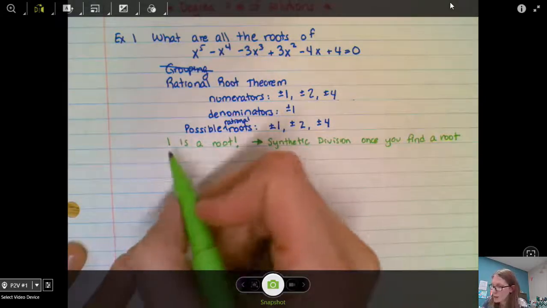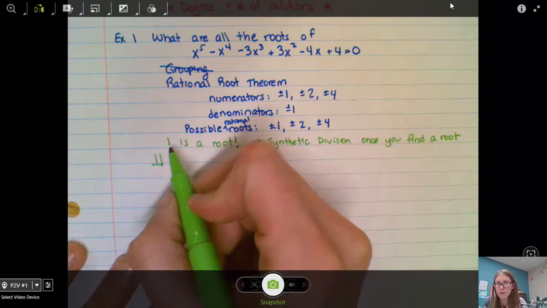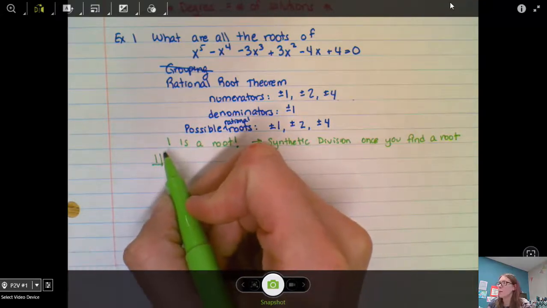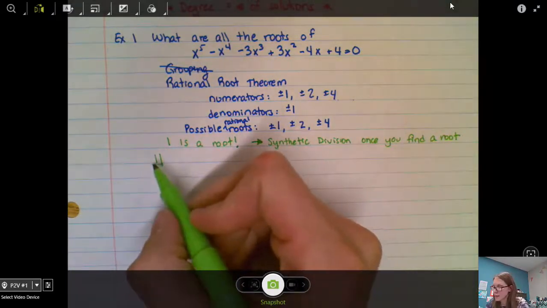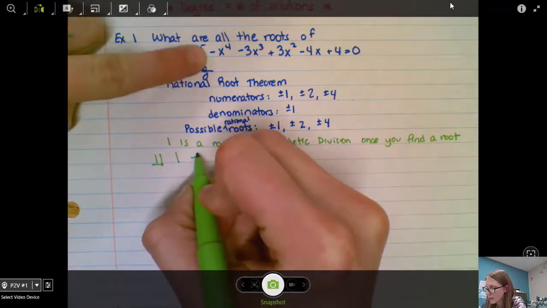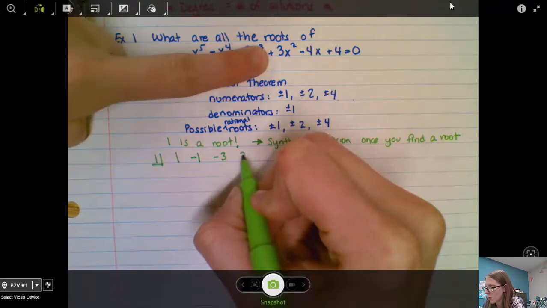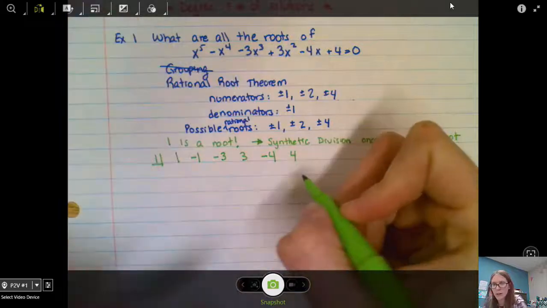When we do our synthetic division, whatever I know is a root goes straight into my box. If 1 is a root, that means x minus 1 is a factor. So 1 goes in my box. My coefficients across the top are 1x to the 5th, negative 1x to the 4th, negative 3x cubed, 3x squared, negative 4x plus 4.